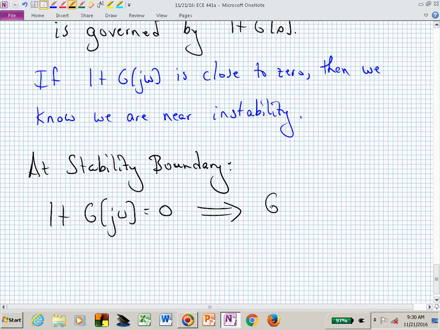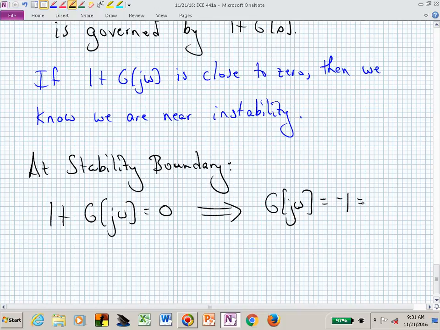Or another way of looking at that would be, since we have g of j omega sketched, we have its magnitude and we have its phase, now we want to look at, is it possible that those two play together in the right combination to give us a magnitude of 1 and a phase of minus 180? And if they do, then that is the stability boundary.